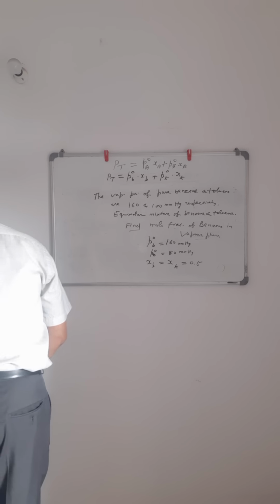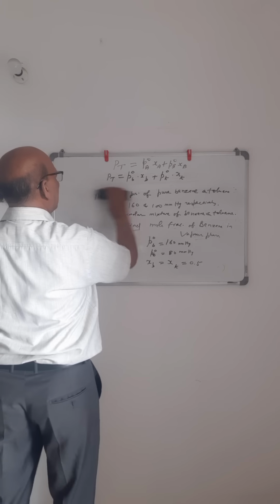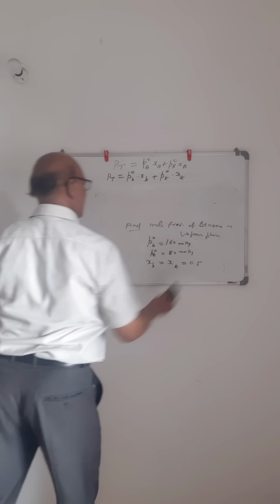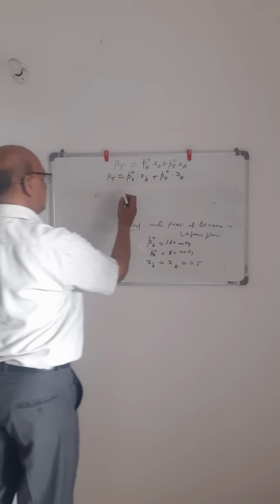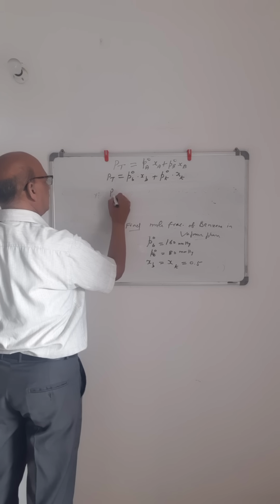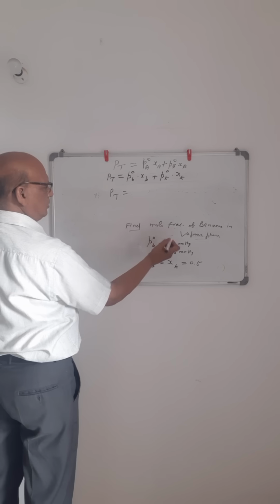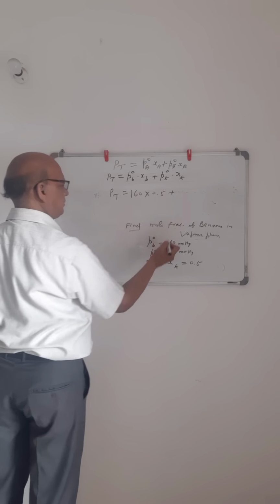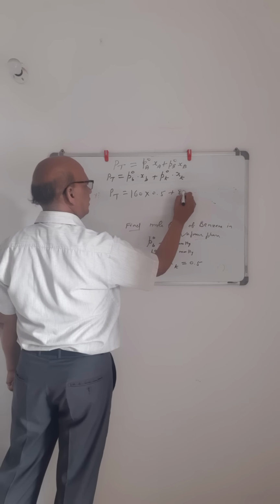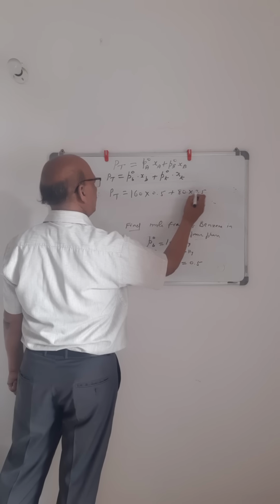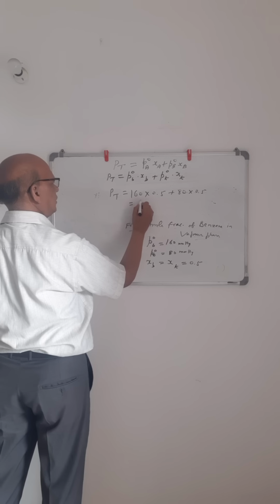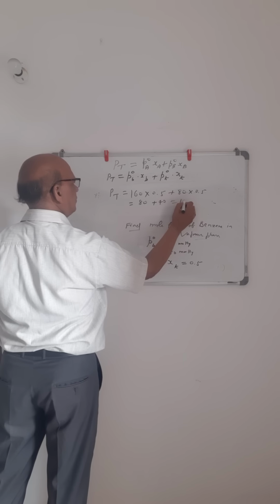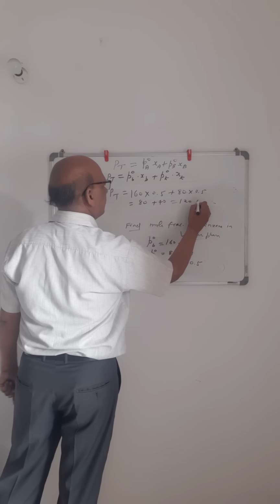So after putting values into this equation, I will get P total is equal to 160 into 0.5 plus 80 into 0.5. So this will be 80 plus 40, that is equal to 120 mm of Hg.